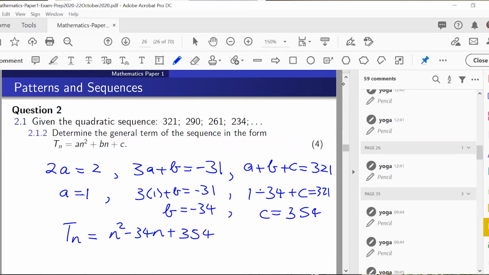Now that is a quadratic formula. If we were required to draw a graph, it resembles the graph of y equals x squared minus 34x plus 354. I'm sure that we will use this idea in the following questions.